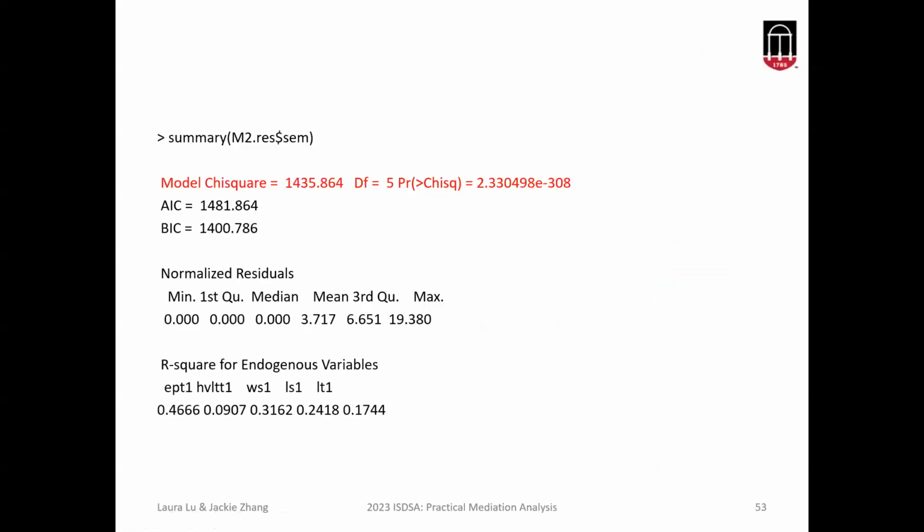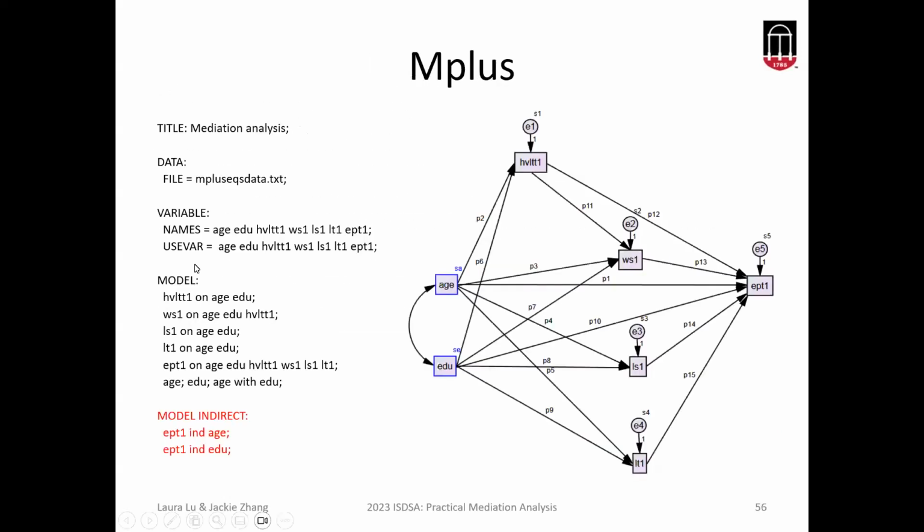And in Mplus and also in Lavaan, it's not necessary. We just use keywords to define those parameters. For example, HVLTT on H and EDU. So remember, on is short for is regressed on. HVLTT is regressed on H and EDU. So we have two coefficients defined here.